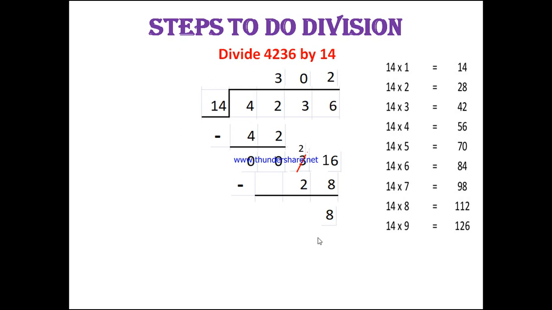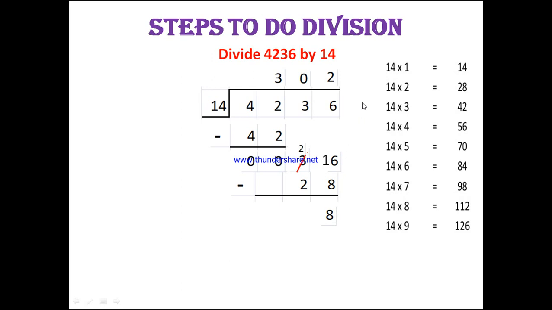Now this is called the remainder. Whenever you subtract, the answer you get is called the remainder. That remainder must be smaller than the divisor. Every time you check the remainder against the divisor, whether it is smaller or not. If it is smaller, you are proceeding properly. Now the remainder is 8.